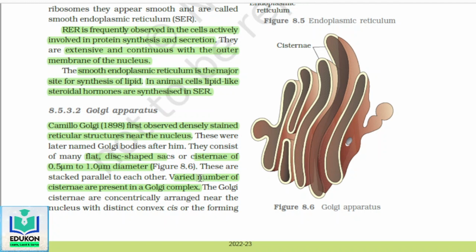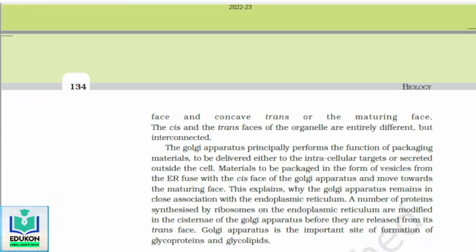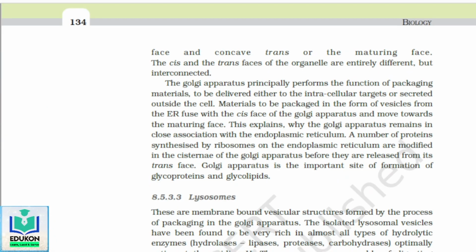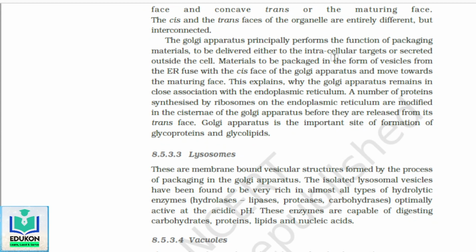The Golgi cisternae are concentrically arranged near the nucleus with a distinct convex cis or forming phase, and a concave trans or maturing phase. The cis and trans phases of the organelle are entirely different but interconnected.